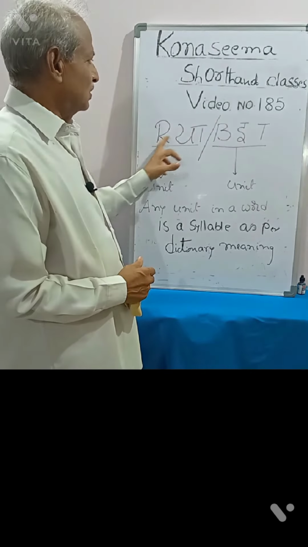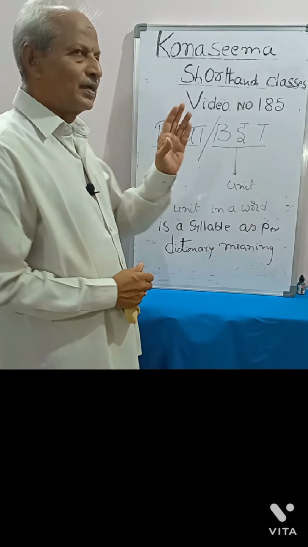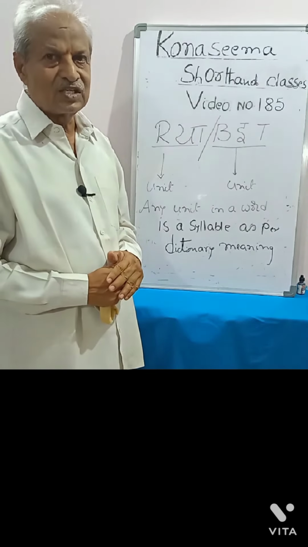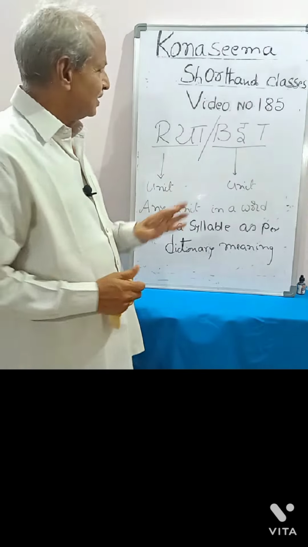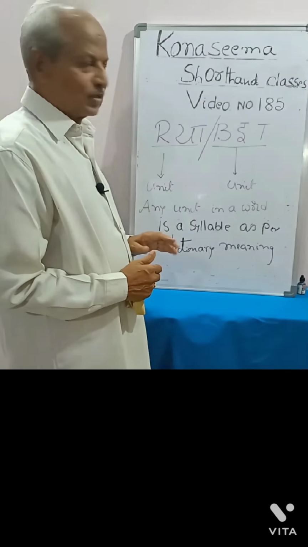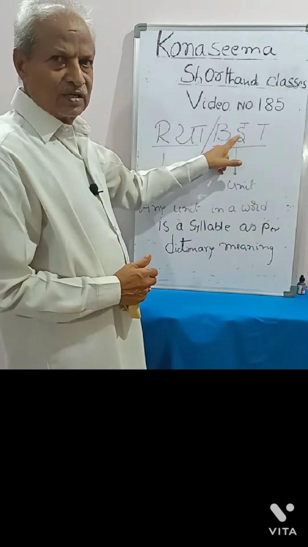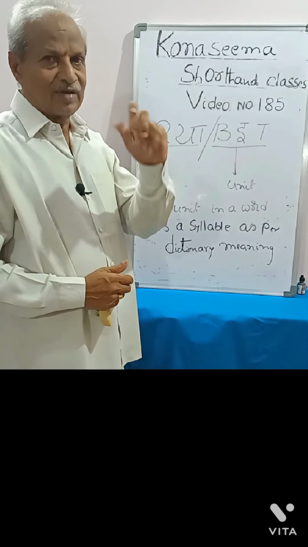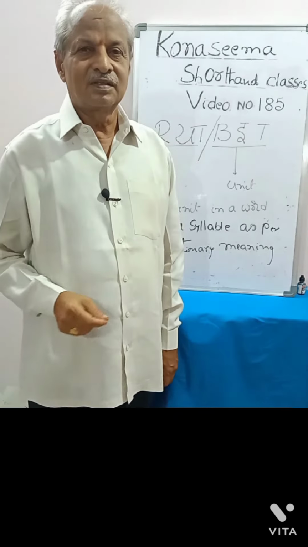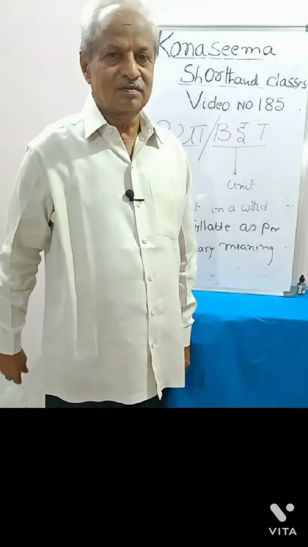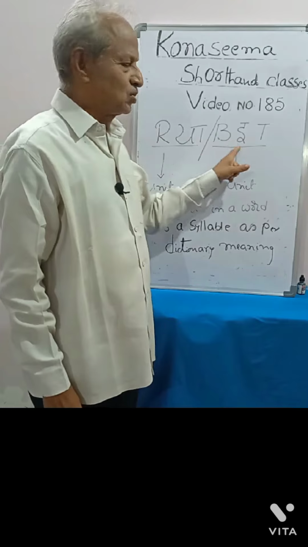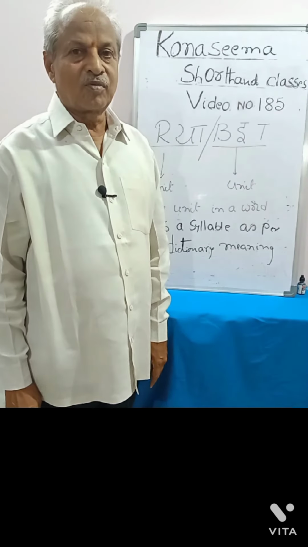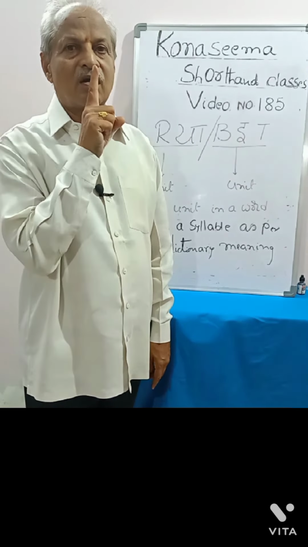Now in the rabbit, how to identify the syllables? We are telling that there are 2 units. One is this one, another is this one. But how to identify? You see my lips and its movement. You see this rabbit. I am pronouncing like this.